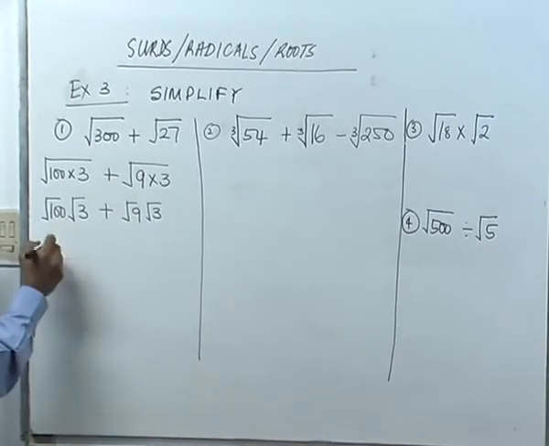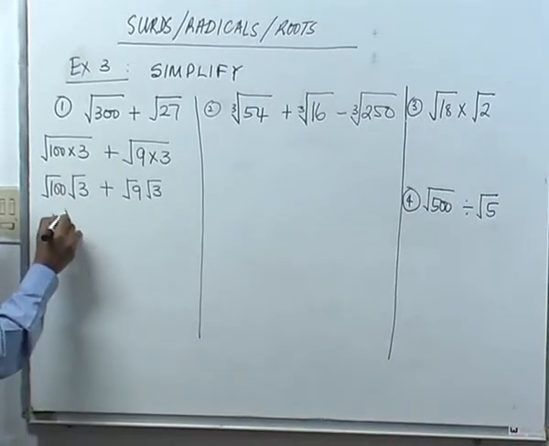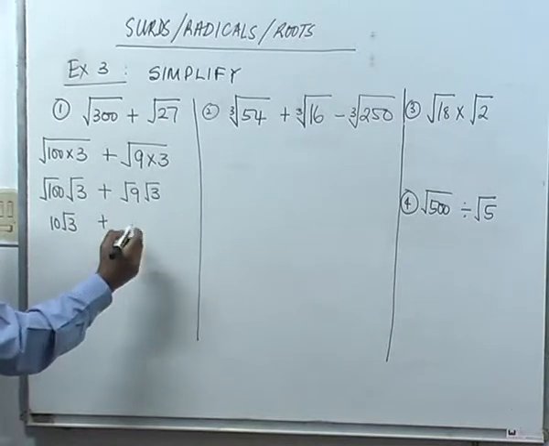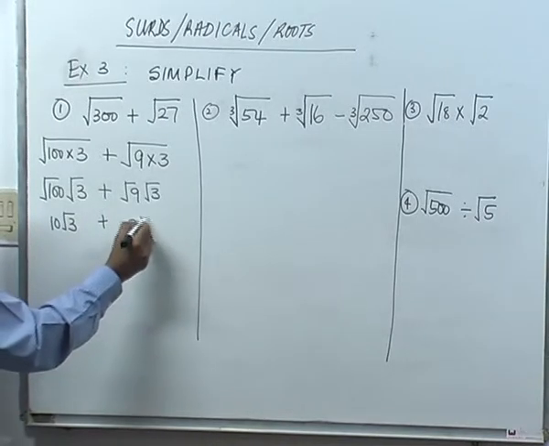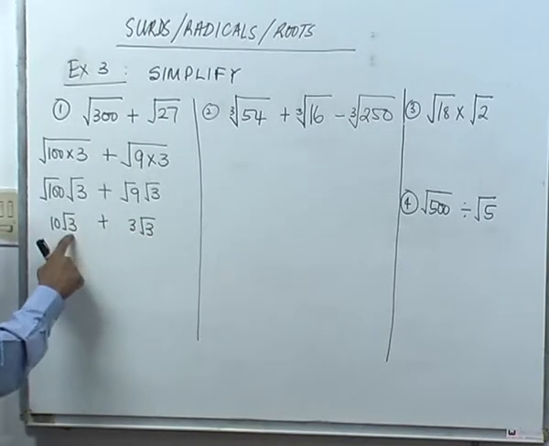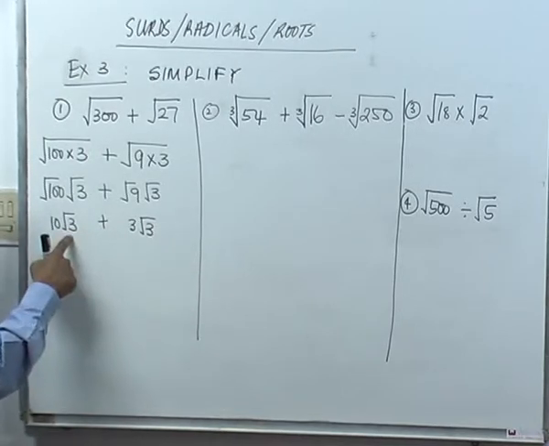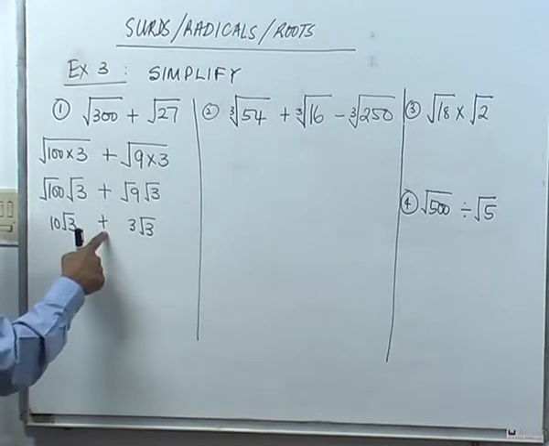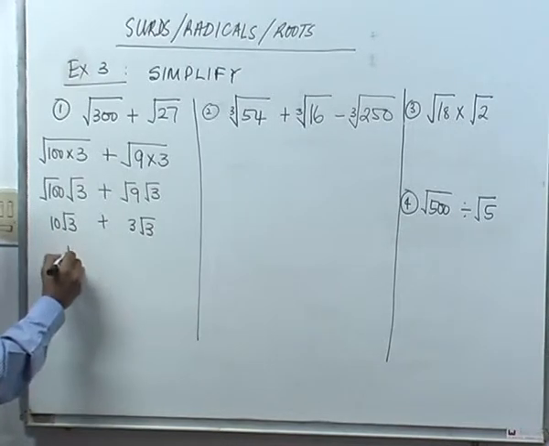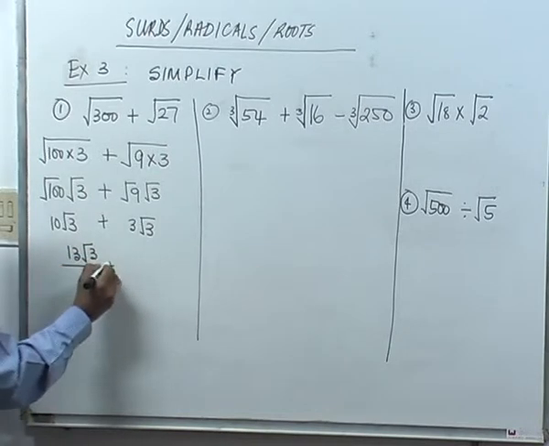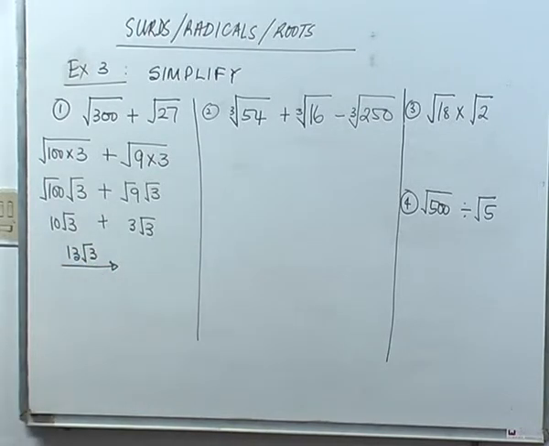Square root of 100 is 10, so you have 10 root 3. Square root of 9 is 3, so you have 3 root 3. Now this is square root 3, this is square root 3. They are like terms, so you can add them up. So 10 plus 3 gives you 13 root 3. So that's the answer here. 13 root 3. I hope you have that right.